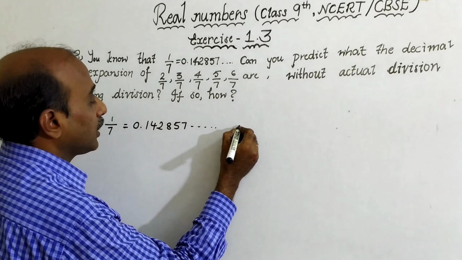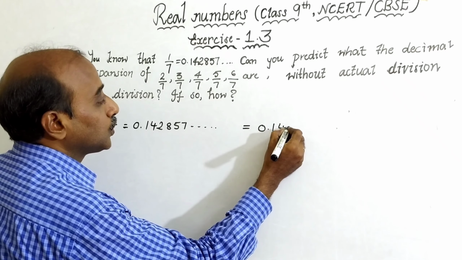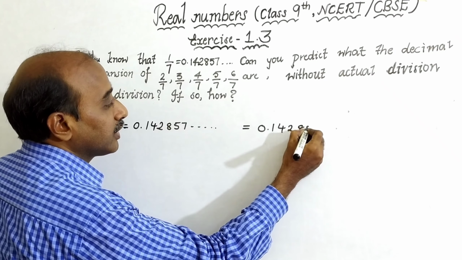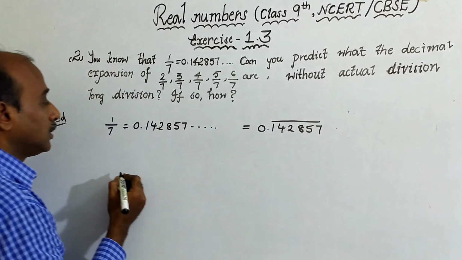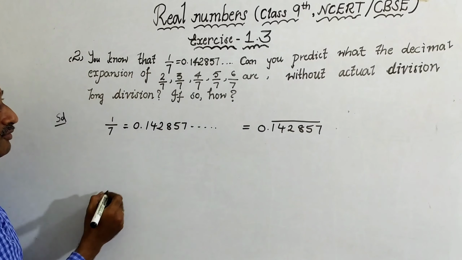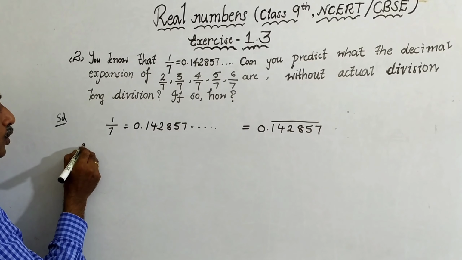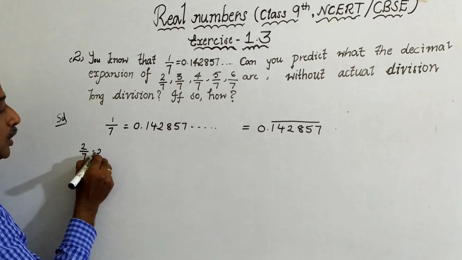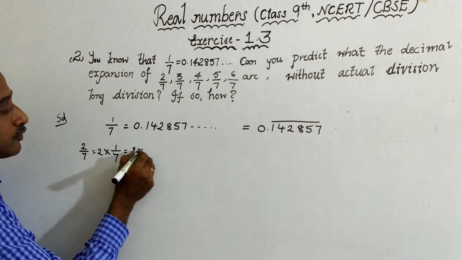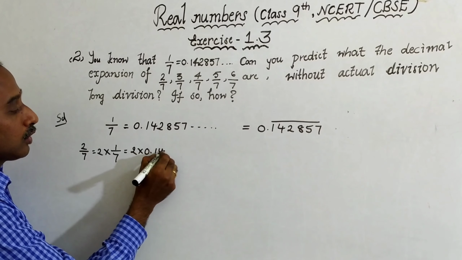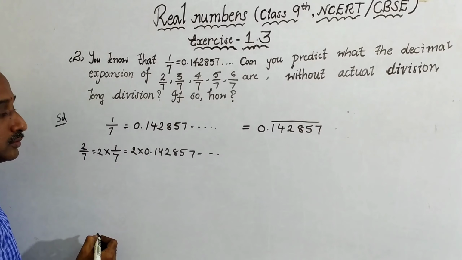This you can write as 0.142857 bar. Now if you want to find 2 by 7 without doing anything, what will we do? 2 by 7 is equal to 2 into 1 by 7, that is 2 times 0.142857 bar, and so on.